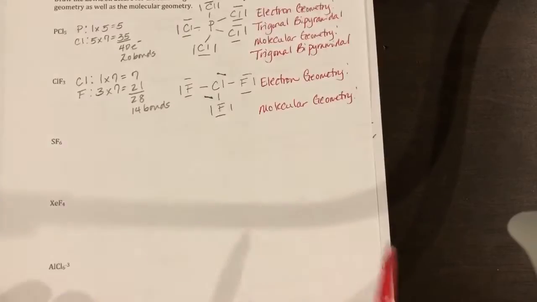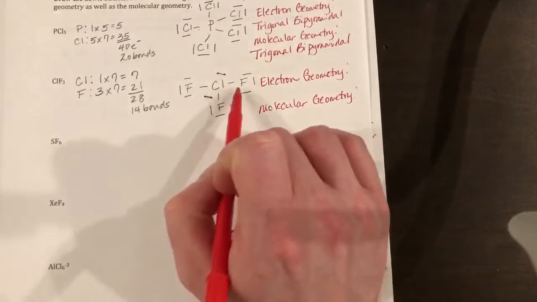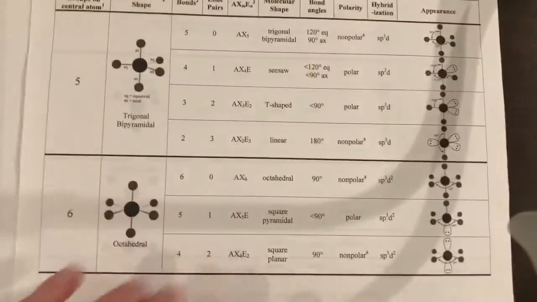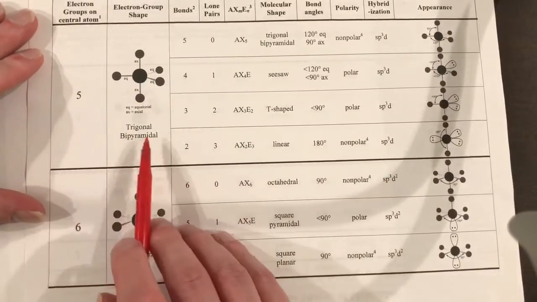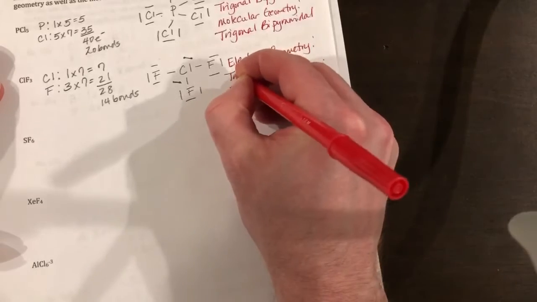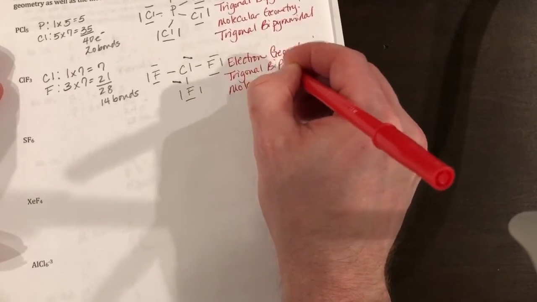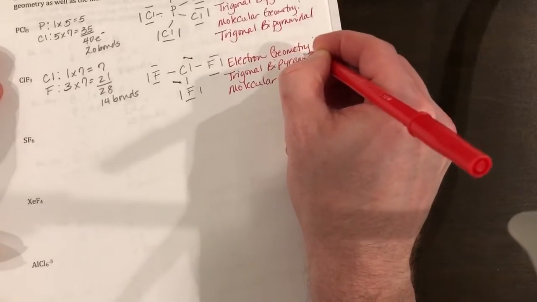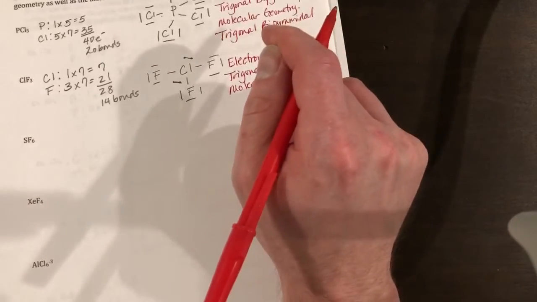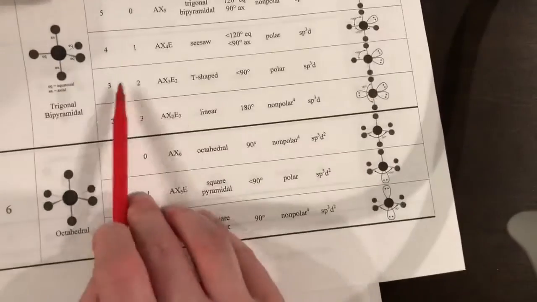Okay, so we got 5 bonding domains, 3 bonds, and 2 lone pairs. Okay, so 5 bonding domains were in trigonal bipyramidal. In your molecular geometry for 3 and 2 is T-shaped.